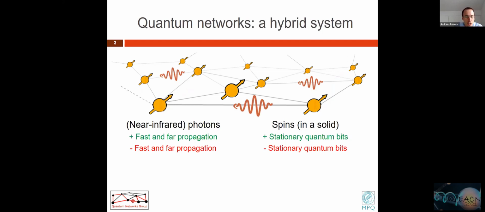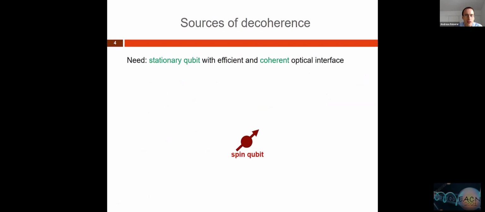It's one of the unique situations in life which allow you to eat the cake and still have it, right? The only thing really required to implement such a network is a system which provides you with stationary quantum bits that also have an efficient and coherent optical interface. This talk is focused on the rare earth doped approach to this challenge, because the rare earths, also called lanthanides, are very promising in that respect.